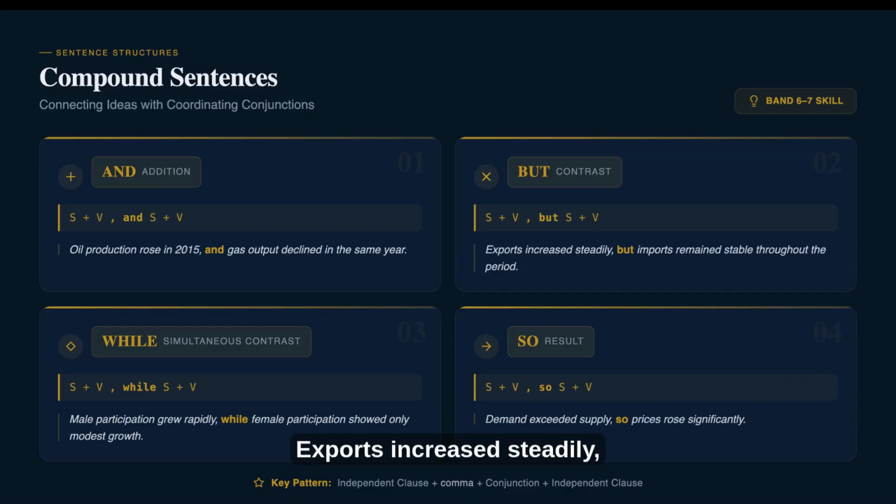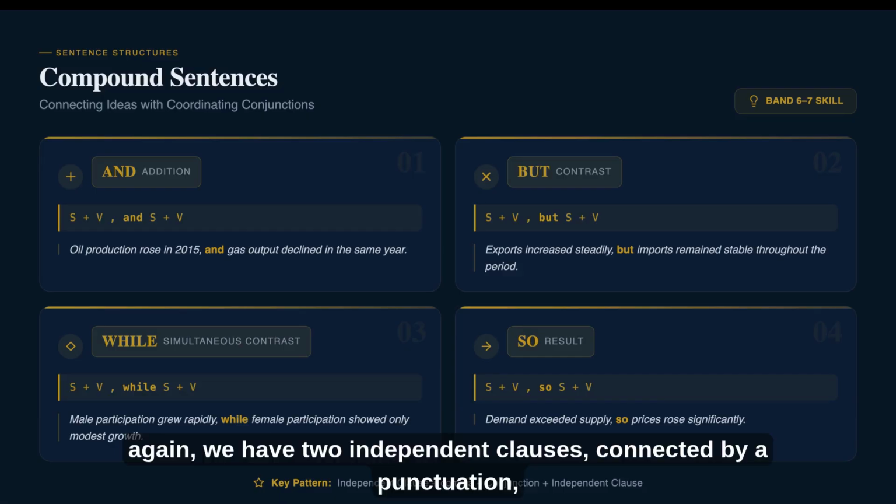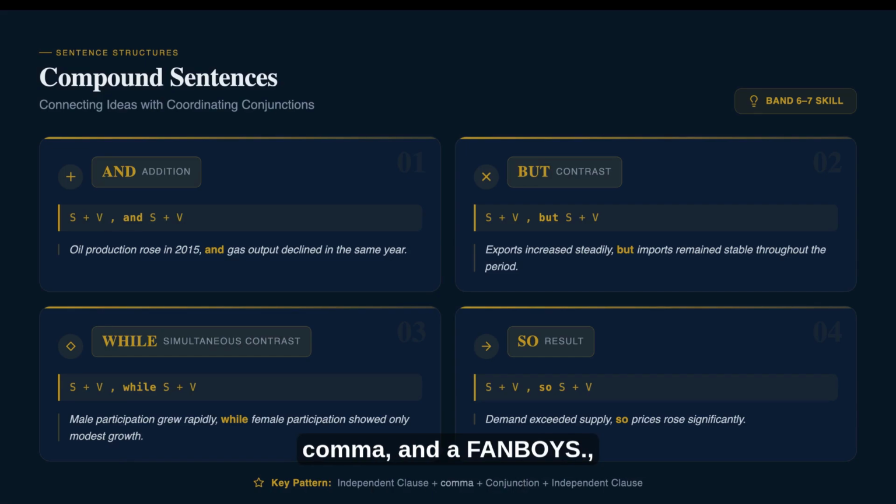Exports increased steadily, comma, but imports remained stable throughout the period. So again, we have two independent clauses connected by a punctuation, comma, and a FANBOY, "but", for expressing two contrasting ideas.